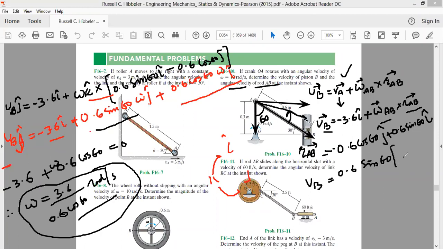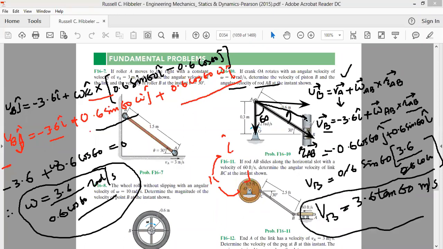Omega is equal to 3.6 divided by 0.6 cos 60. So 0.6 will cancel. The velocity of point B will be equal to 3.6 tan 60, and its units will be meter per second. So this is the value of the velocity of point B. We have found the velocity of point B as well as the value of omega.